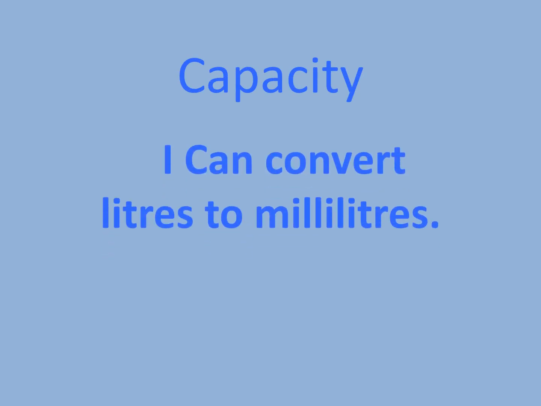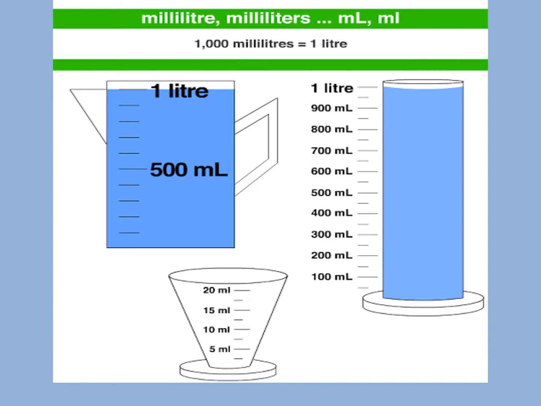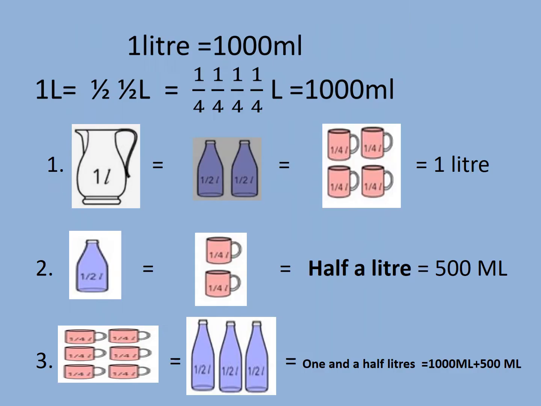So, we are still looking at the topic on capacity, okay, and conversion of liters to milliliters and milliliters to liters. Okay, in this slide we've been shown how to calculate or to measure 1 liter, half a liter, and 1.5 liter.